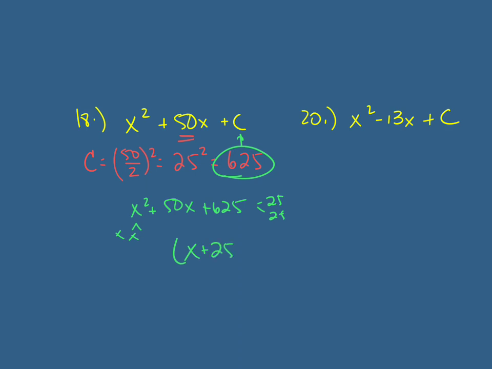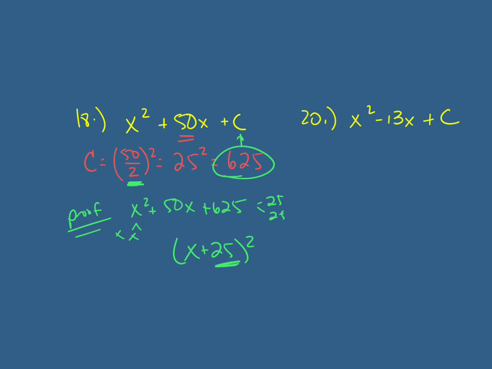So it becomes x plus 25 squared. Remember, the green is the proof. This is your answer. 20, same exact thing. Now the interesting part is that what I'm trying to get you guys to see is that, notice, whatever is inside the parentheses before you square it is what's inside the parentheses after it, at the end.